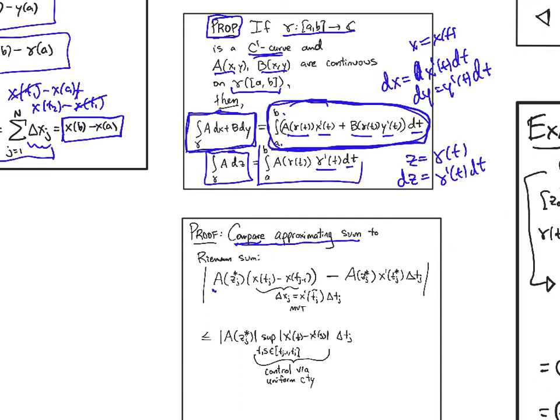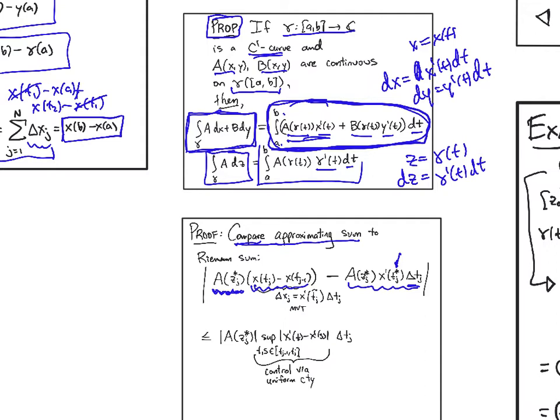So in an approximating sum for the line integral, I'd have an expression like a of zj star times delta x, and in a Riemann sum for this integral, I would end up with expressions like a of zj star x prime at a sample point times delta tj.